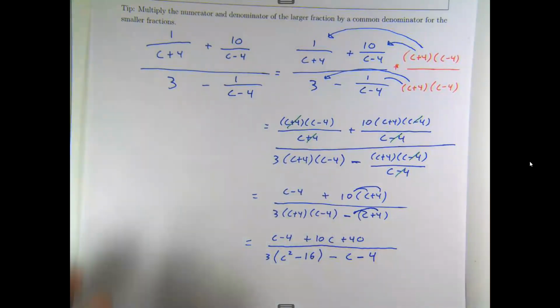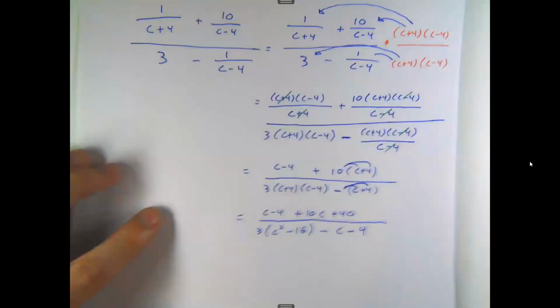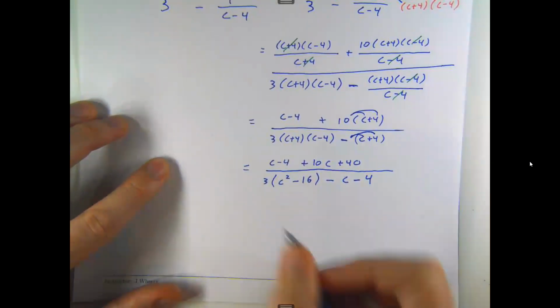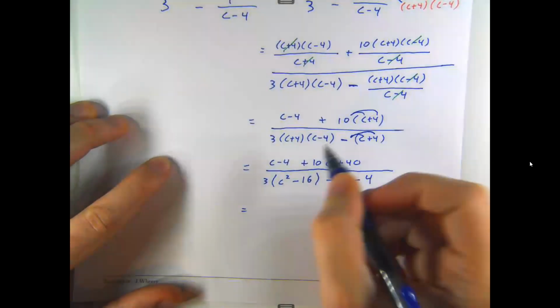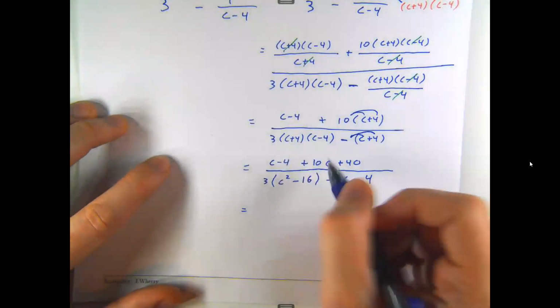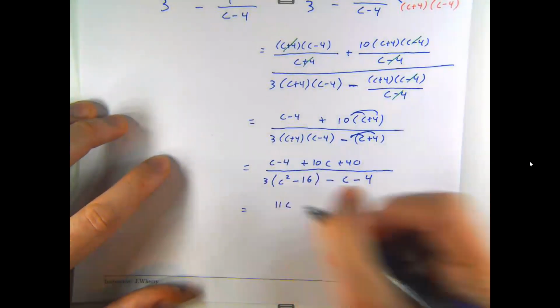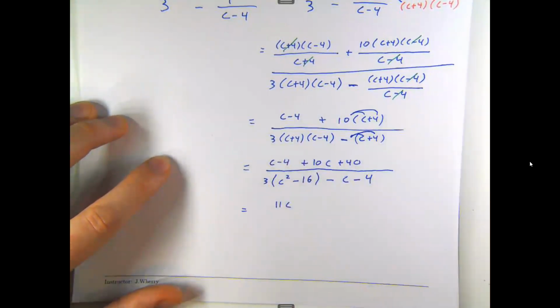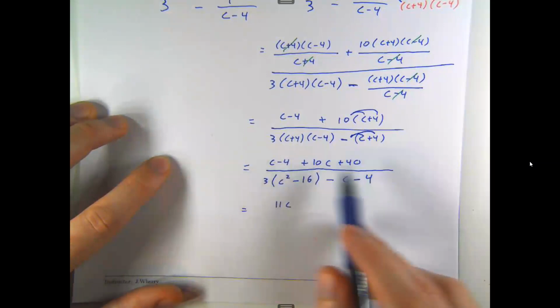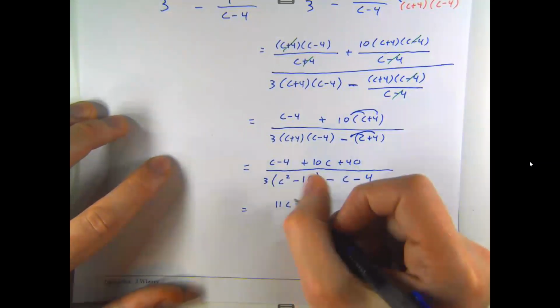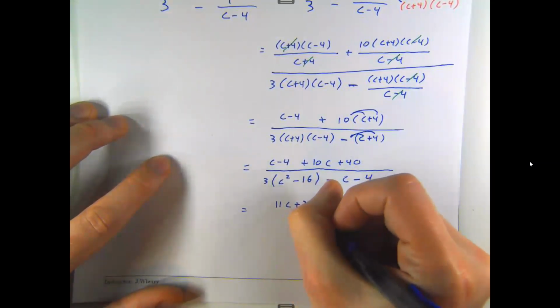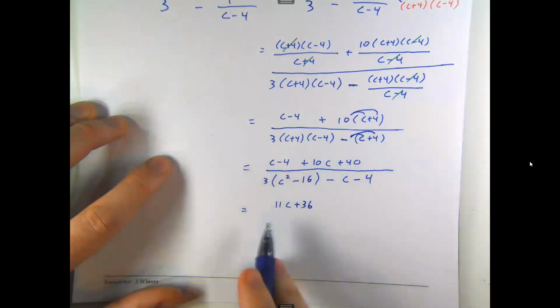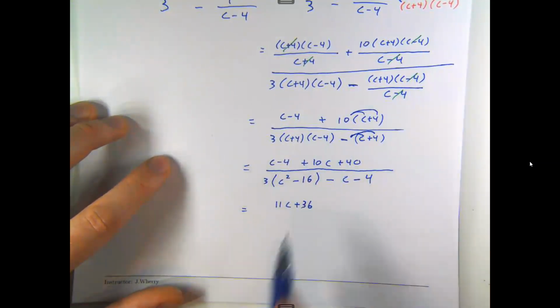I'm going to keep going. I'm trying to make this thing look nicer if possible. So on the top, it looks like I have 11c by combining c and 10c. It looks like I have plus 36 combining this 40 and this minus 4. 11c and 36 don't have anything in common. I can't factor that anymore.